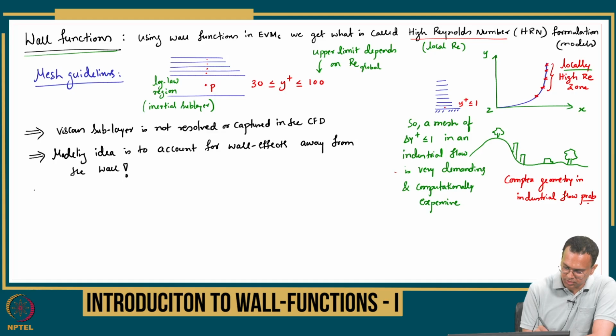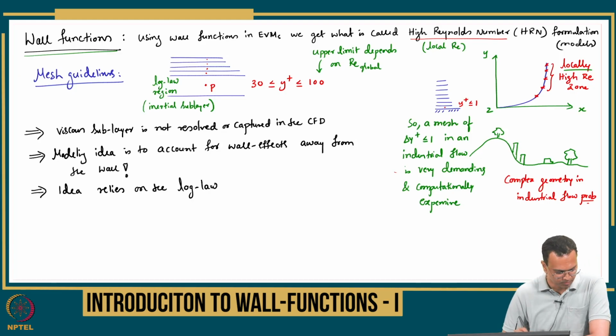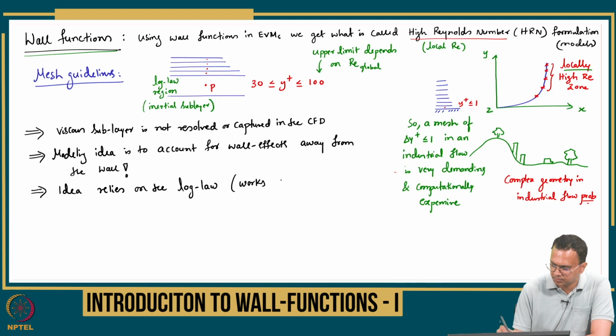Okay, so the idea relies on log law. The wall function that we are going to derive works for smooth turbulent boundary layers, a flat plate turbulent boundary layer. Okay, that works for smooth turbulent boundary layer.